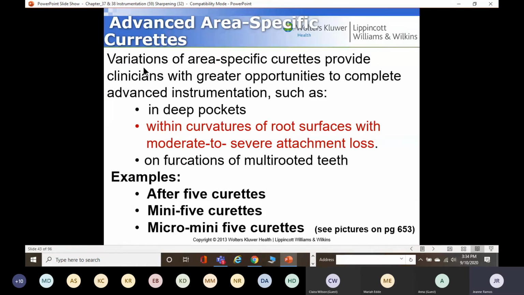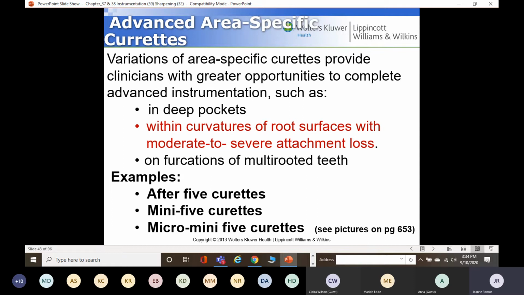Advanced area specific curettes: there are variations of area specific curettes, and they provide clinicians with greater opportunities to complete advanced instrumentation, like in really deep pockets, within curvatures of root surfaces. These curettes are awesome in curvatures of root surfaces because of the way that they're angled.